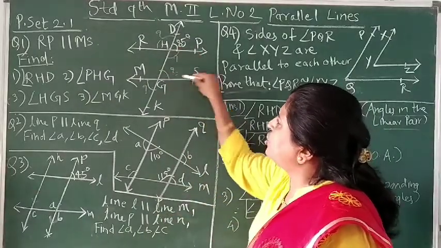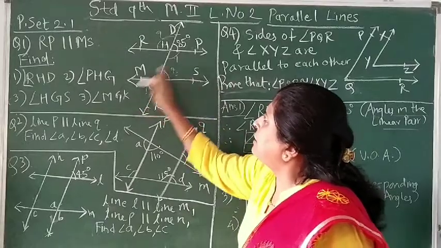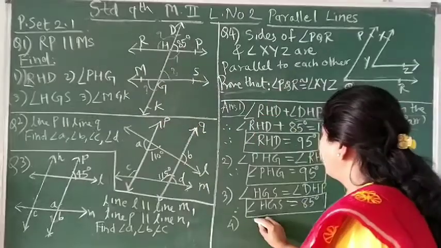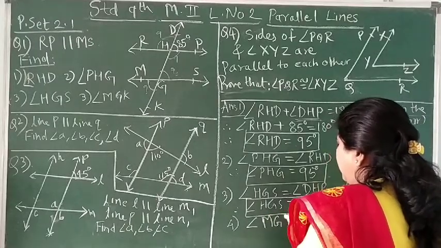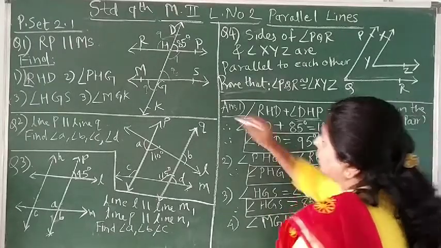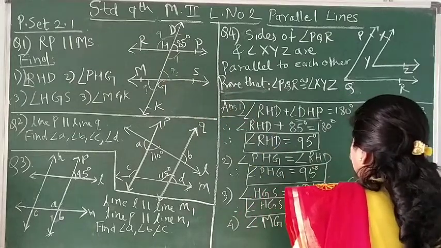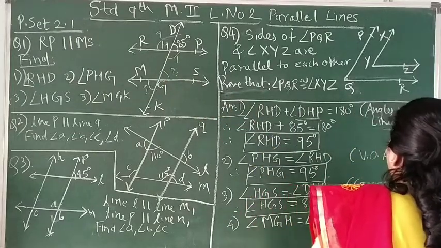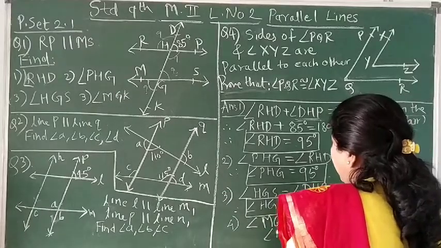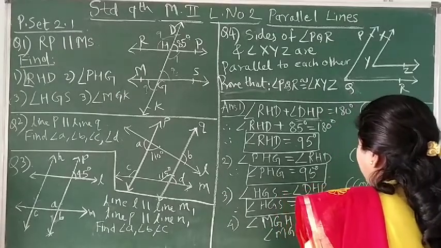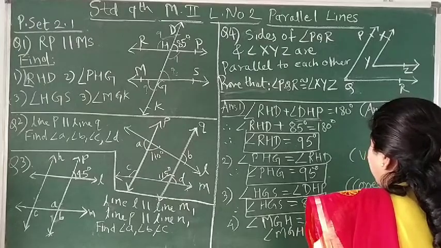Let's take HGS and MGH, these two are vertically opposite. So angle MGH is equal to angle HGS, vertically opposite angles, and hence angle MGH is equal to HGS, that is 85 degrees.